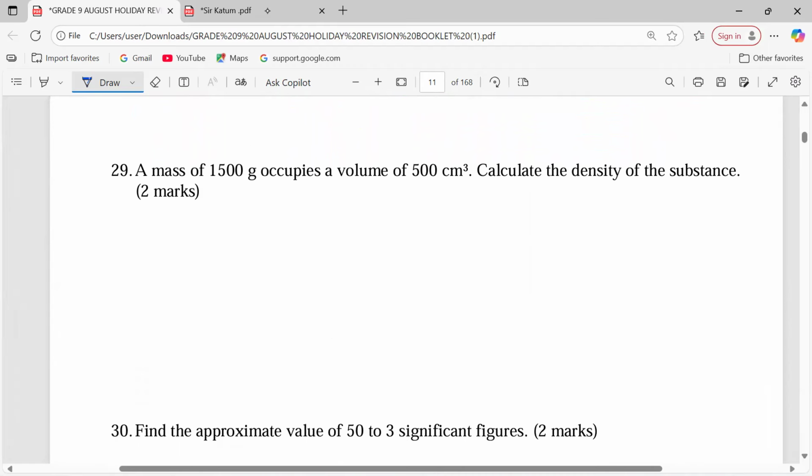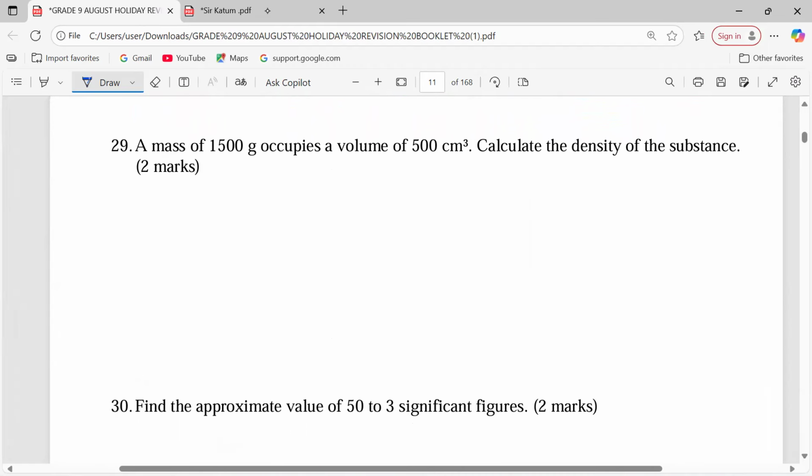Look at what you're being told, that a mass of 1500 grams occupies a volume of 500 cubic centimeters. Calculate the density of the substance. We're supposed to know that density equals mass over volume, or rather mass per unit volume, is the definition.